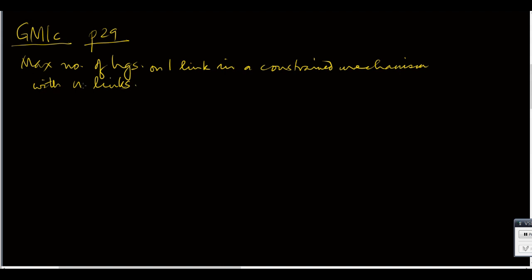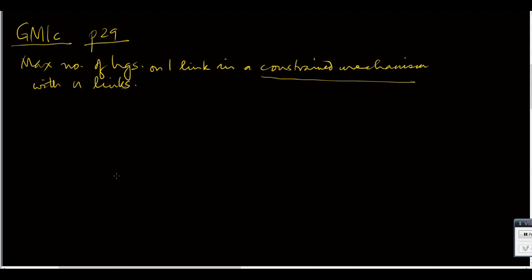We will actually approach it differently. We will say let one link have I hinges and simple hinges, and then we will see how many links it must have for it to have 1 degree of freedom, constraint mechanism. So we will start like this.